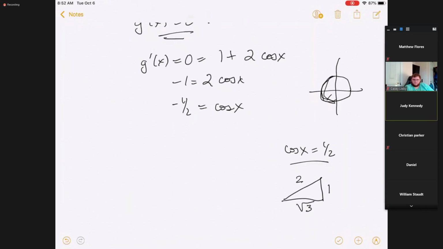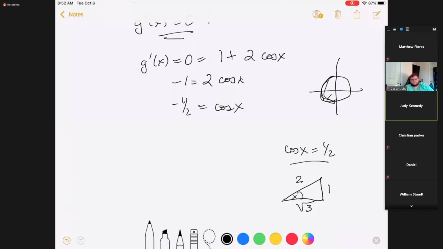Yeah, 2 pi over 3. All you gotta do is remember this little triangle. And actually, I want to know where cosine of x is equal to 1/2. Well, in fact, I got that labeled wrong. That would be sine of x there.